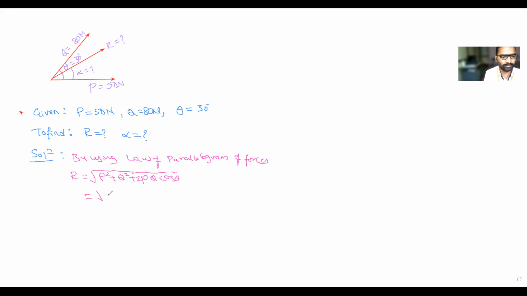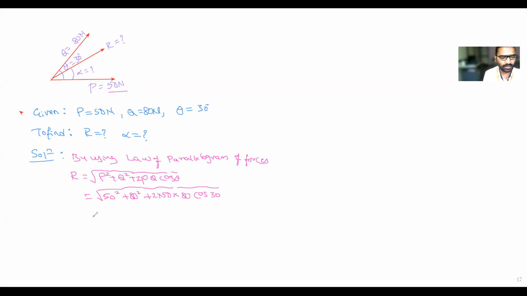Here P is 15 and Q is 80, so 15 square plus 80 square plus 2 times 15 into 80 into cos 30.